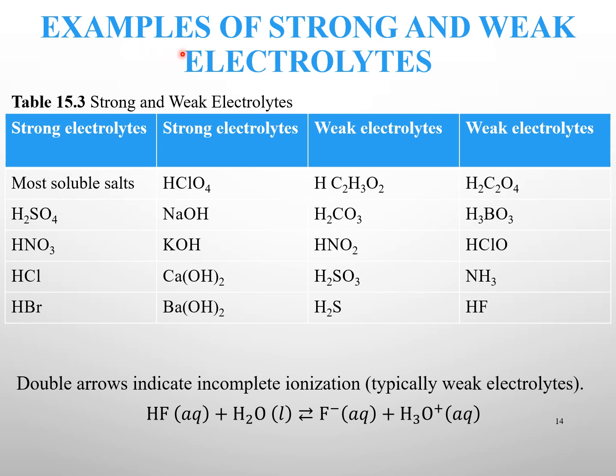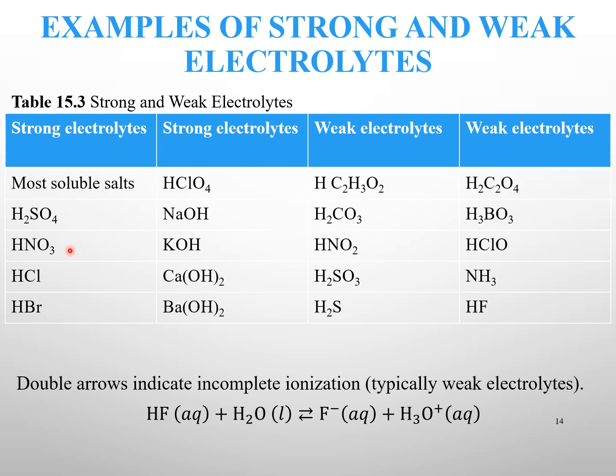So here are some examples of strong and weak electrolytes. Strong electrolytes are most soluble salts. If you remember the solubility rules, all the salts that are soluble in water will be strong electrolytes. Strong acids are also strong electrolytes. H2SO4 is a strong acid, that's sulfuric acid.